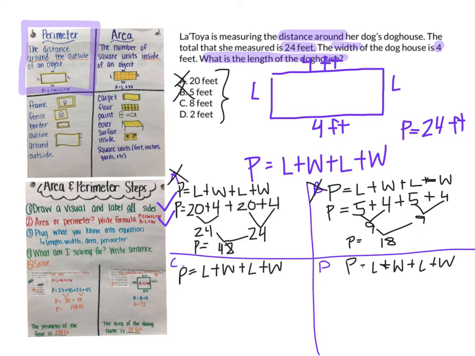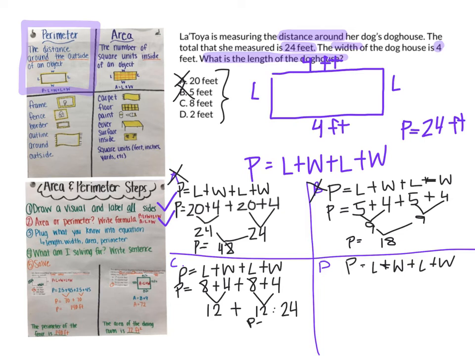8 feet for our length, so let's plug that into our formula. Perimeter equals length is 8. Our width is still 4. Plus 8 plus 4. 8 plus 4 is 12. 12 plus 12 is 24.